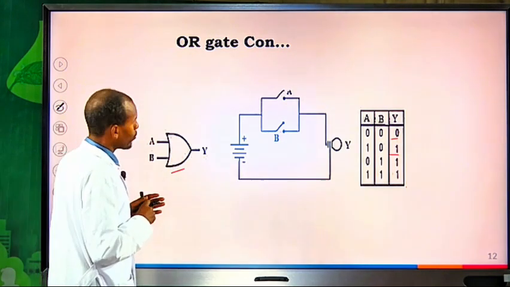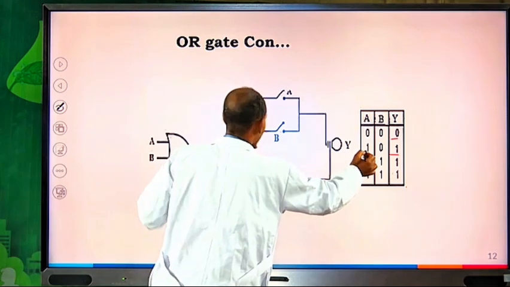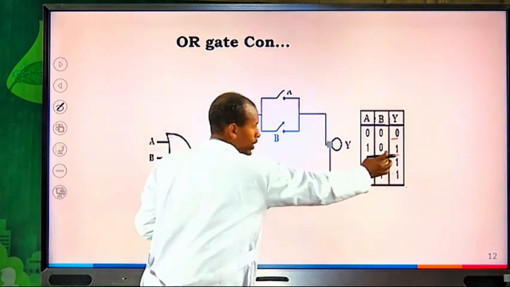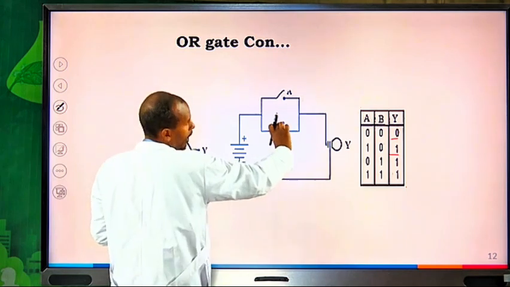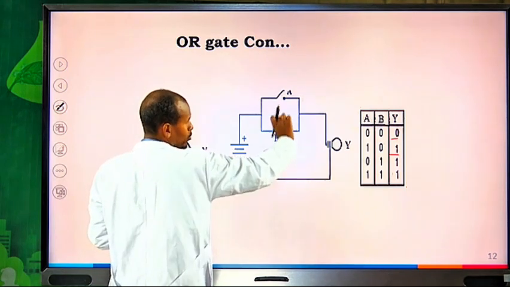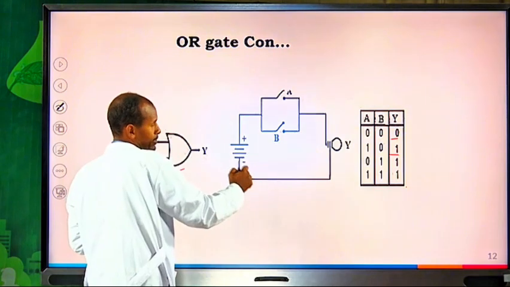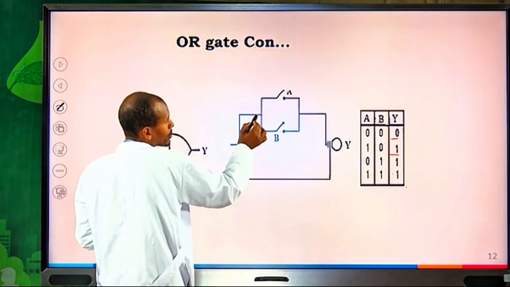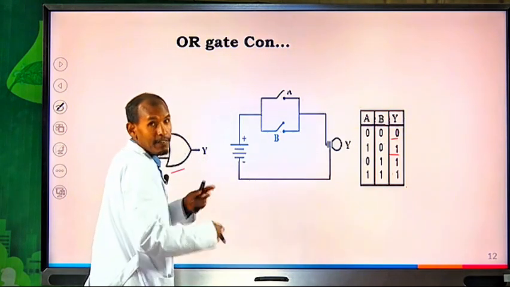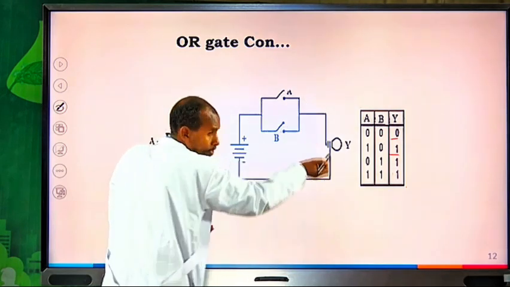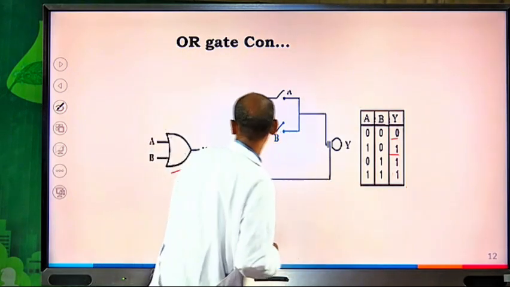So let's see one by one. If A is 1 and B is 0, the output will be 1, because if I close this one and open the other, I still get light, since the electric current flows in this direction. There are two alternative paths.